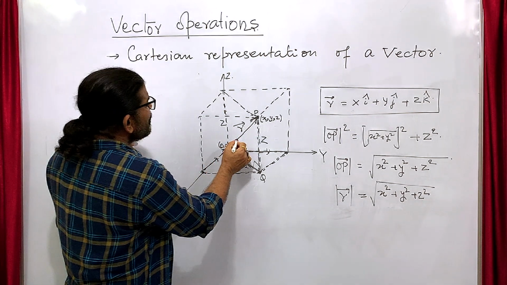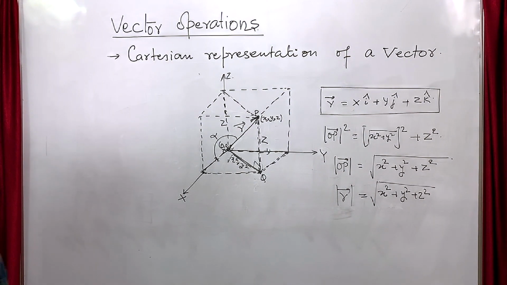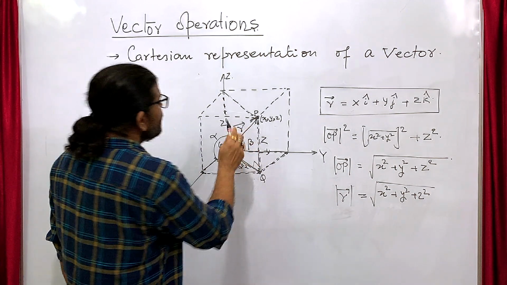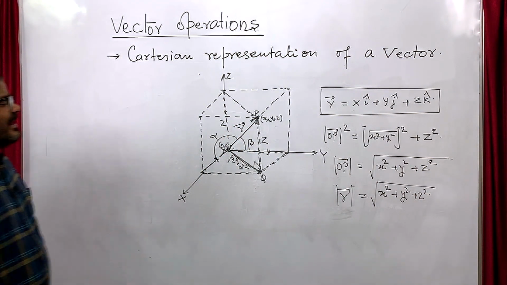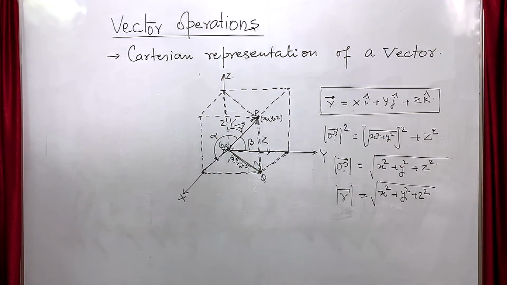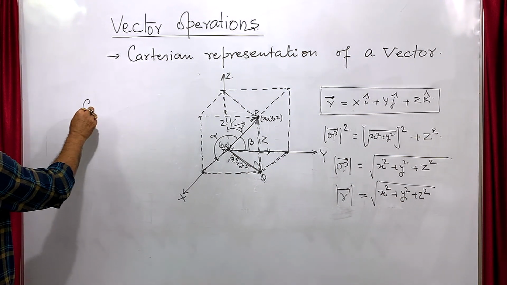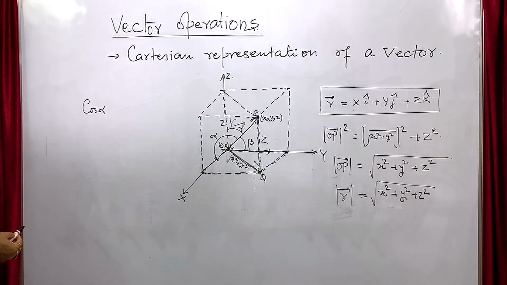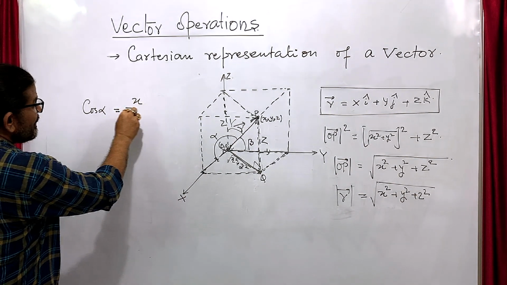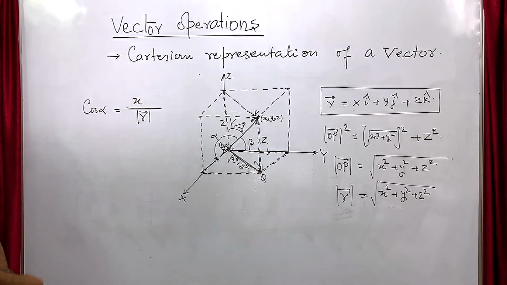So if you visualize this figure, you see that this vector OP is making some angle alpha with the x-axis, some angle beta with the y-axis, and some angle gamma with the z-axis. So cos of angle alpha is equal to the x component divided by the magnitude of the r vector.